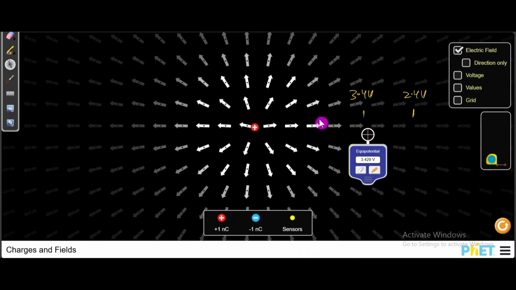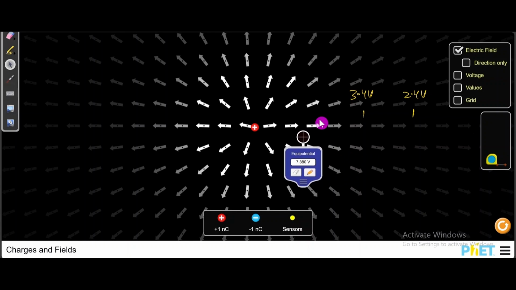By further decreasing the distance between this potentiometer and the charge, at this point the potential becomes 8.1 volt. So from here I can say that the potential is increasing when we come near to this positive charge. Here it increased from 2.4 towards 3.4, and then it becomes 8.1 volt.